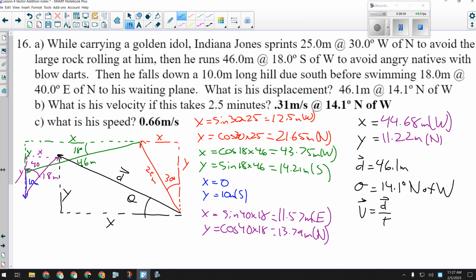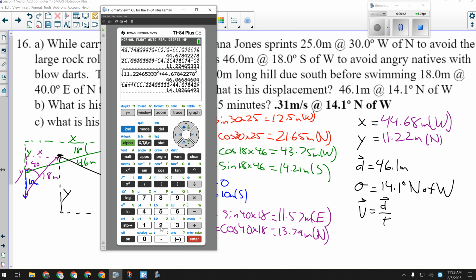I was given meters, so I should change that to meters per second, rather than getting meters per minute. So 2.5 times 60 is 150 seconds. We'll take our displacement, divide it by the time, 150 seconds, and we get 0.31 meters per second, and that should just be at 14 degrees, not 14.1, 14 degrees north of west.